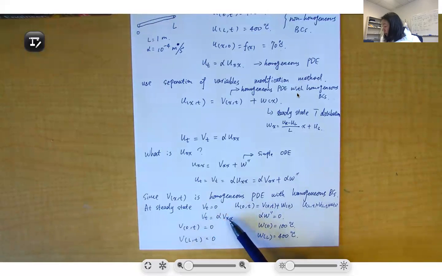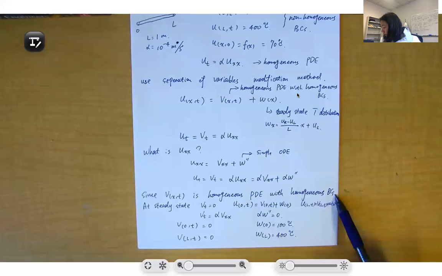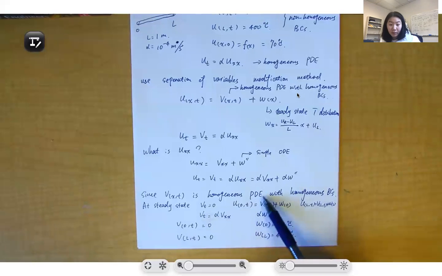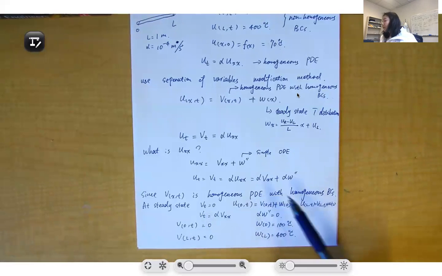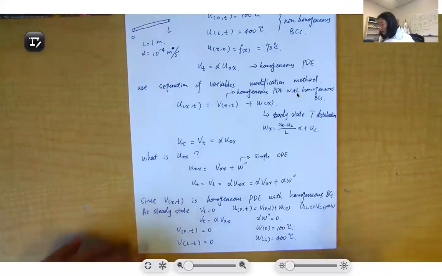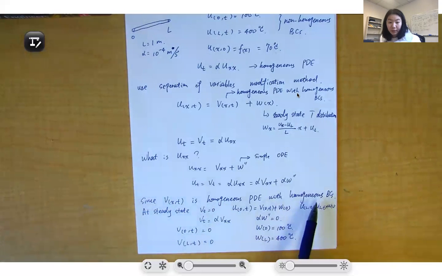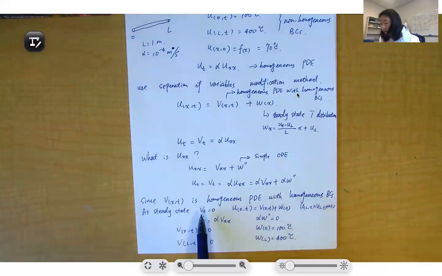So V as a function of x and t is a homogeneous PDE with homogeneous boundary conditions, and it satisfies our assumption. Since this is a homogeneous PDE with homogeneous boundary conditions, we can use separation of variables directly on the V function.